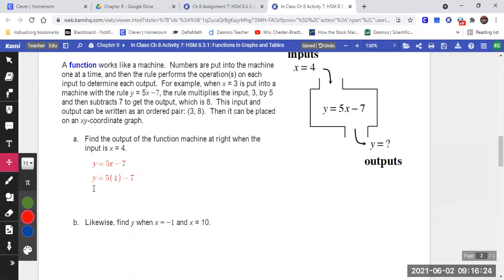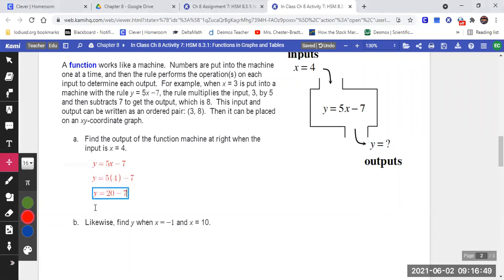I do the math on the 5 times the 4 and I get what? $20. So this is going to now say 20 take away 7.